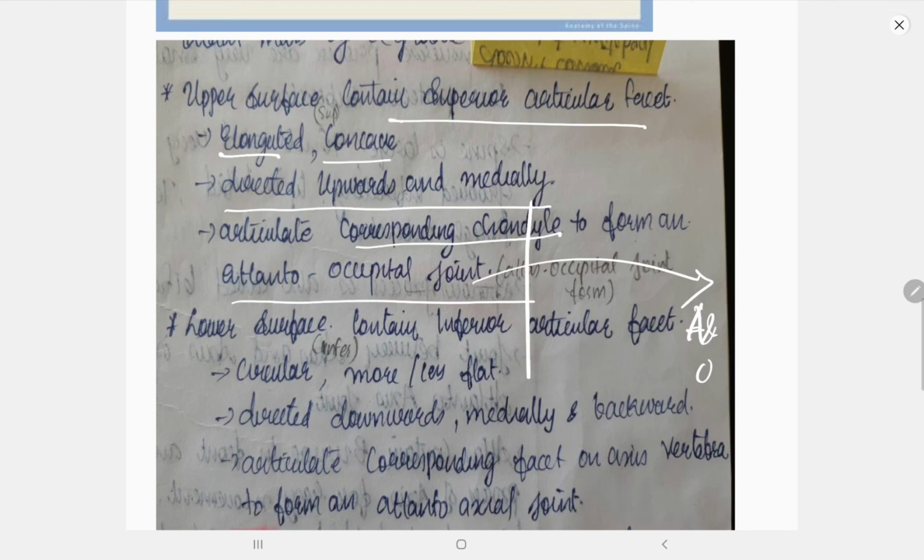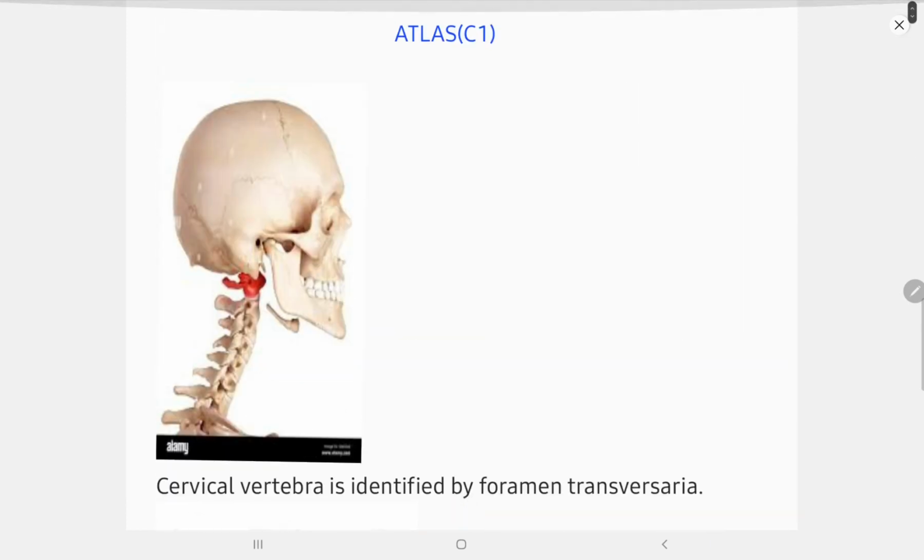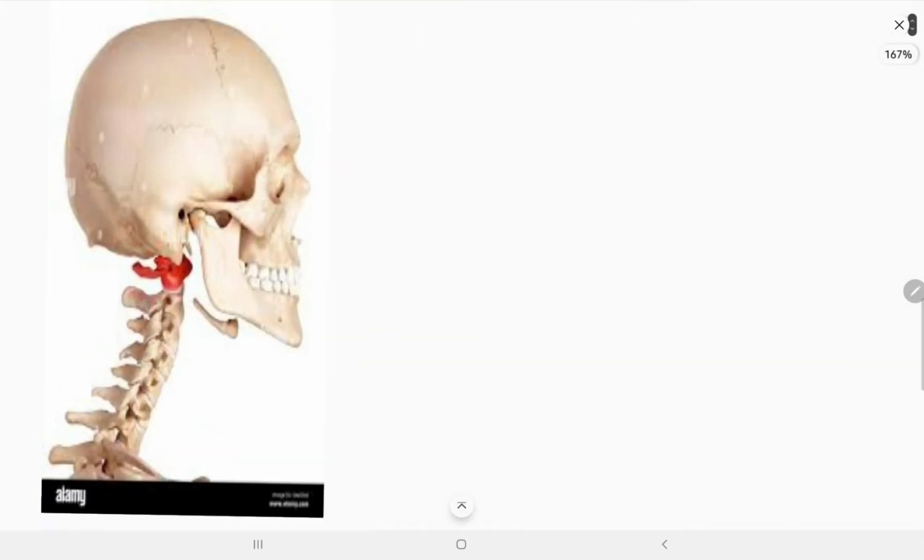Here you can see, I will show you the image. It is showing two joints. The skull here and the atlas here are attached by forming the atlanto-occipital joint.